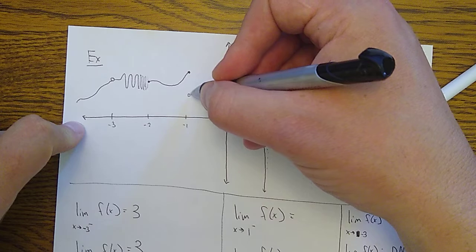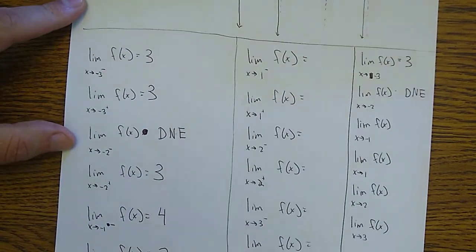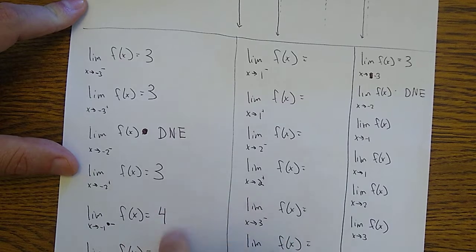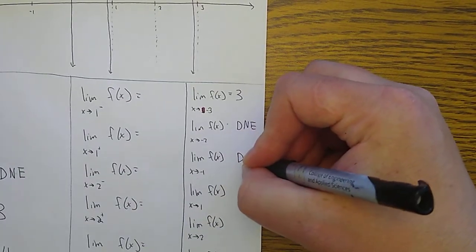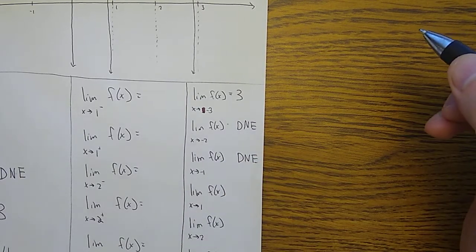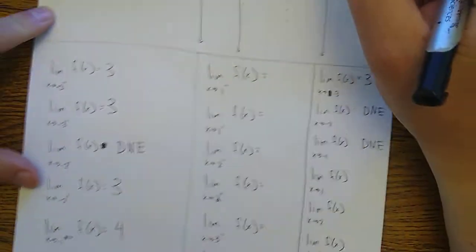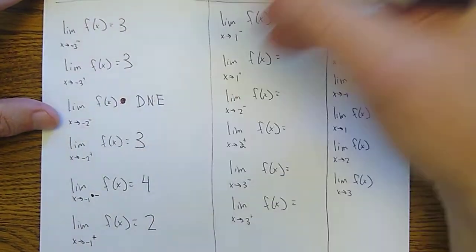If I'm going from the right, it looks like I'm approaching this point, so let's say 2. Since these two are not the same, this one does not exist. Okay, so then looks like I'm done with this column.